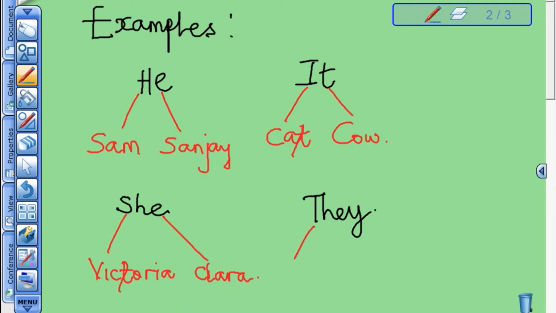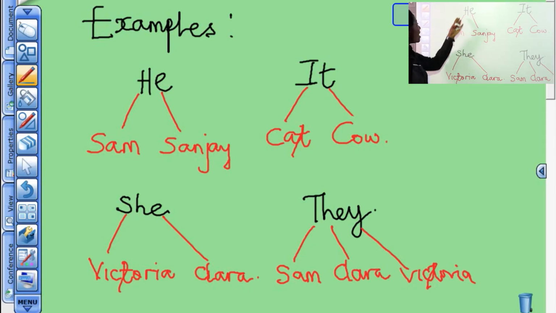We have Sam, Clara, Victoria, and Sanjay. These are the examples of pronoun. The first one we have he. He represents a male.